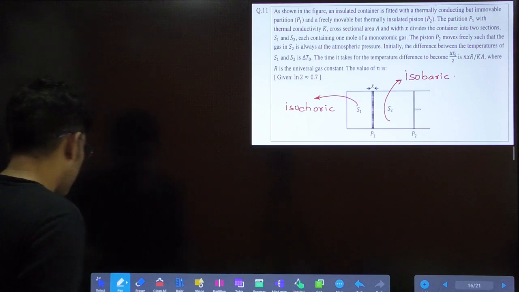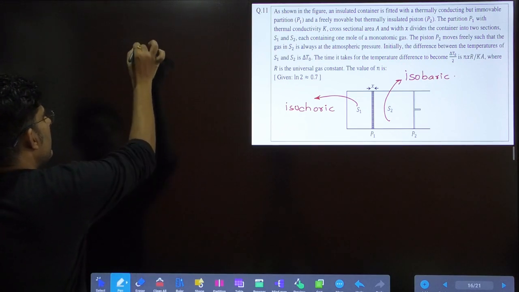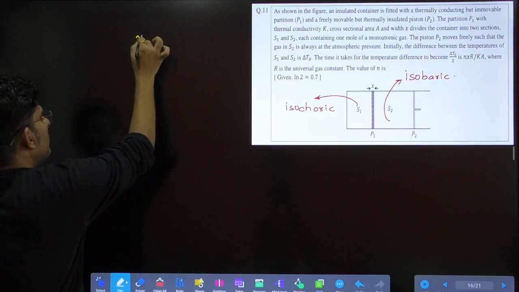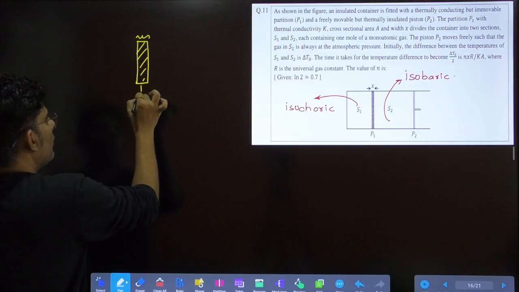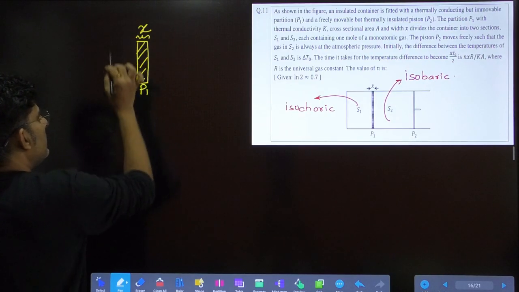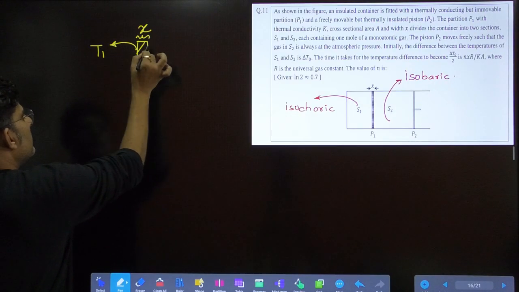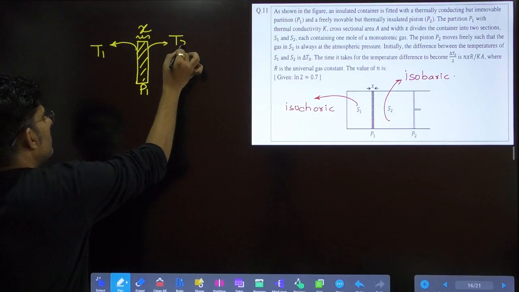So what we have to do here is take this partition P1 whose thickness is X, and let's take the left side temperature as T1 and this side temperature as T2.